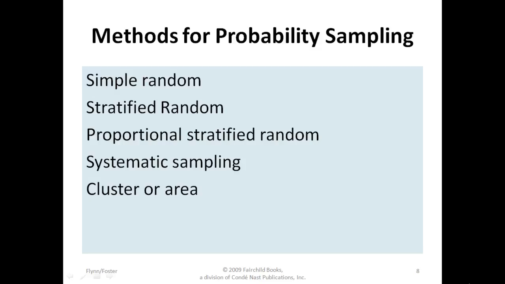Next is stratified random sampling, and this is when the population has been divided into subpopulations or strata, which is where they get the word stratified. Say if you were going to look at different types of retail stores, you would divide them by department stores, off-price stores, specialty stores, and look at them based off of those types of stores.